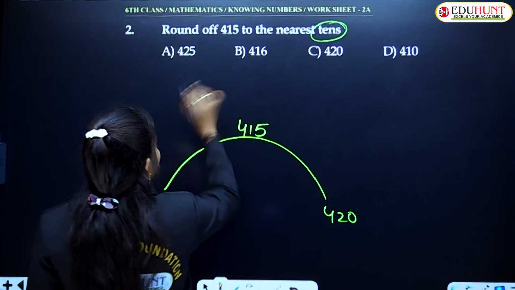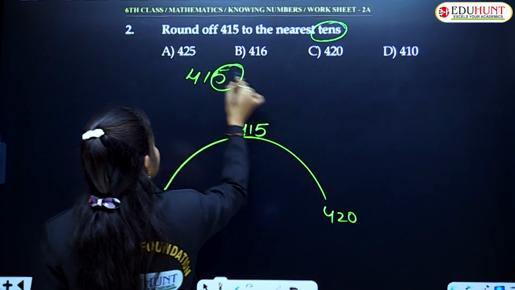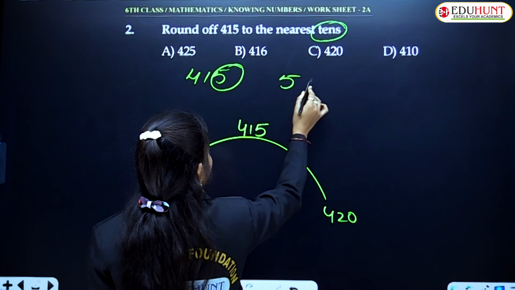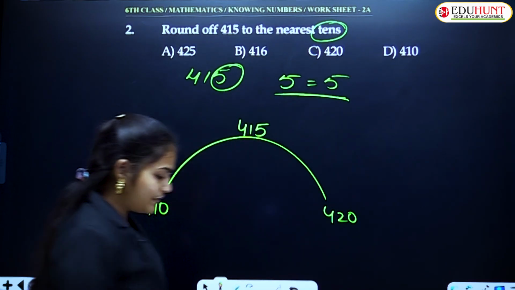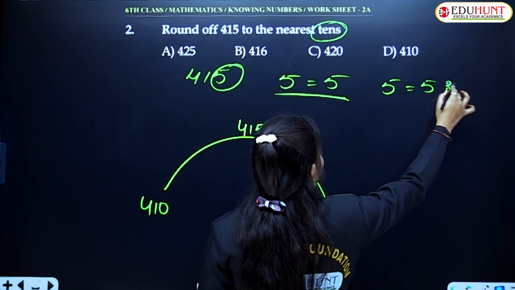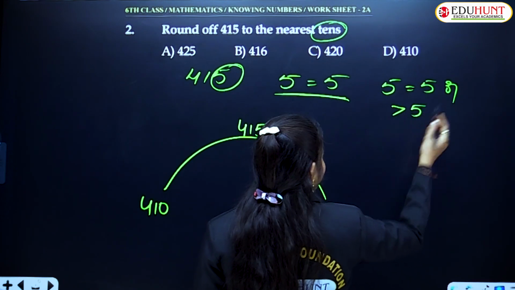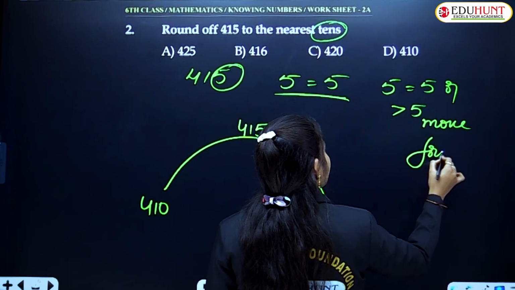See here, in 415 the units place digit is 5. So always we compare with 5. Here 5 is equal to 5. If the digit is equal to 5 or greater than 5, then we have to move in the forward direction only.